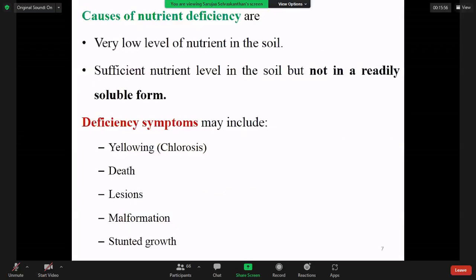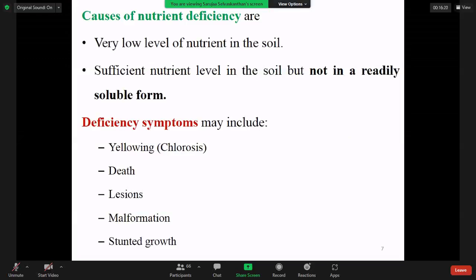Then the causes of nutrient deficiency. First, the main cause is a very low level of nutrients in the soil. If the soil has a small amount of nutrients, it is not in a fertile condition, and if you cultivate plants in this soil, they will definitely lack nutrients.